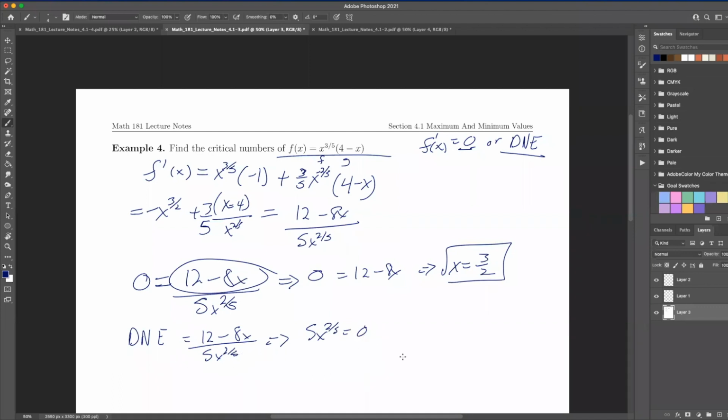Shouldn't it be 8x? Isaac, yeah. So what I did here, in order to do this, I did skip a step. So I need to divide this by x to the 2/3, which makes this a positive x.